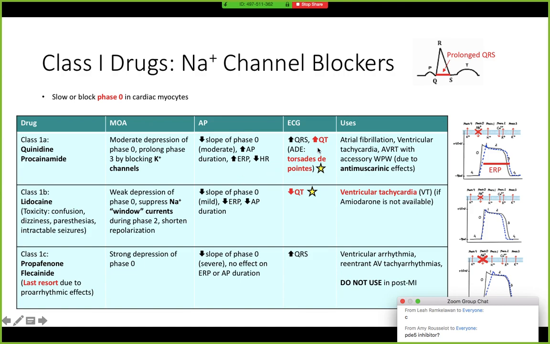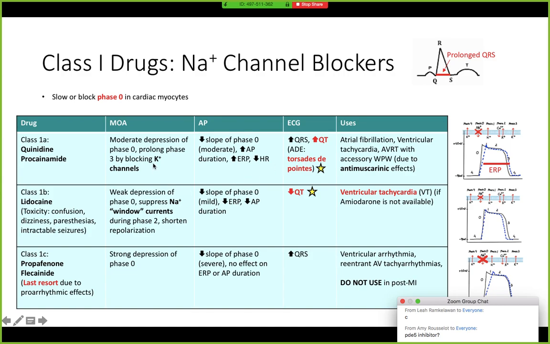But two important things to point out here are that your class 1A drugs increase the QT interval. If you block your fast sodium channels in phase 0, it's going to take longer for the ventricular myocyte to depolarize, and that's going to result in a widened QRS.